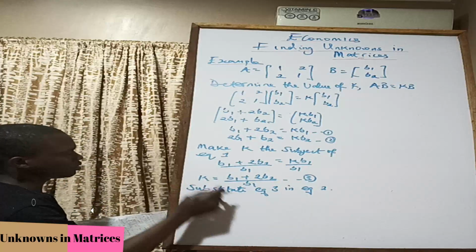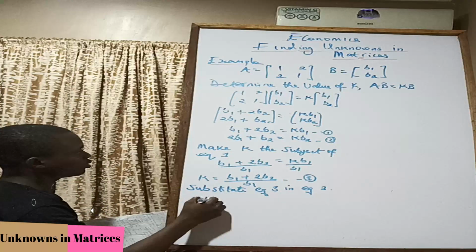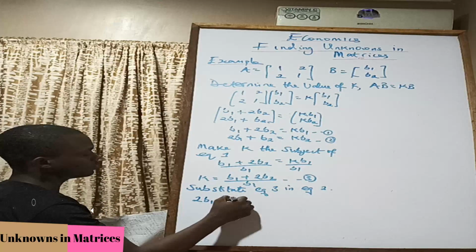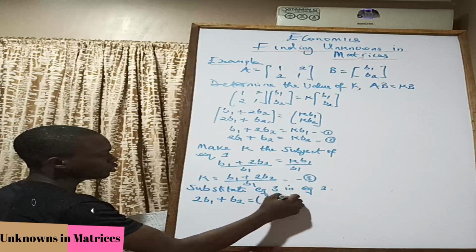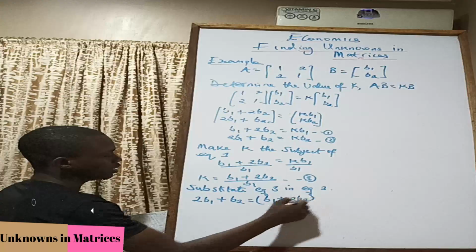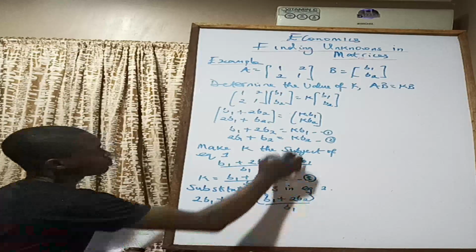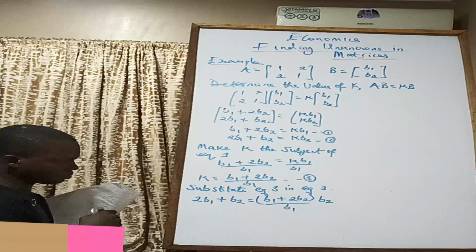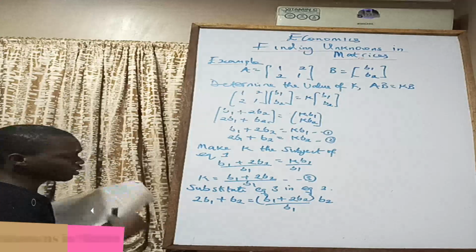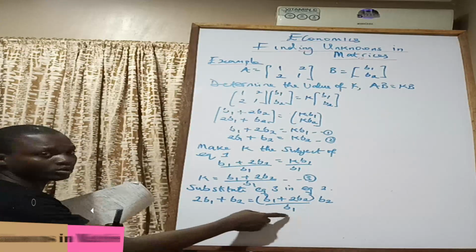So I'm going to be having 2B1 plus B2 equals K, which is B1 plus 2B2 over B1, multiplied by the B2 that is already here. So what can I do? I cross multiply by B1 to eliminate this.